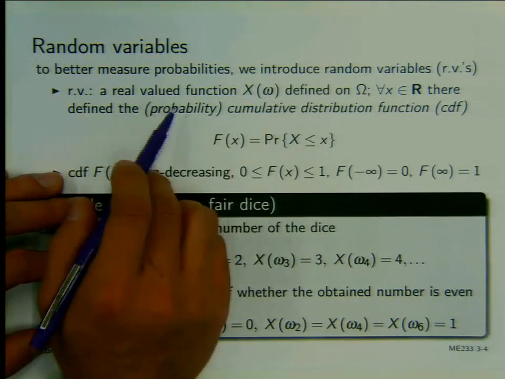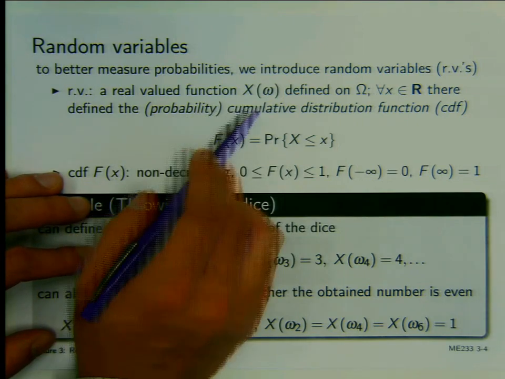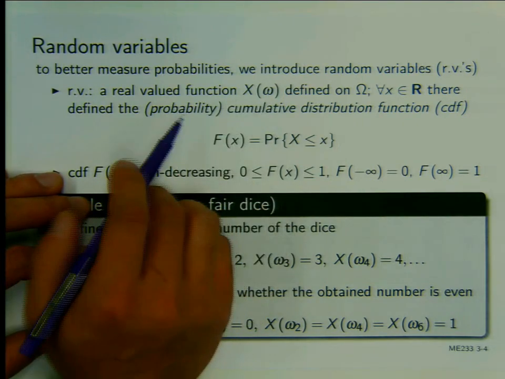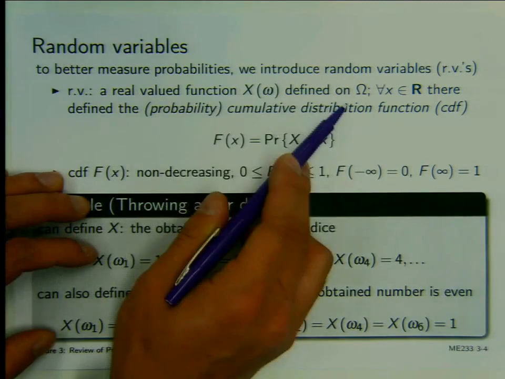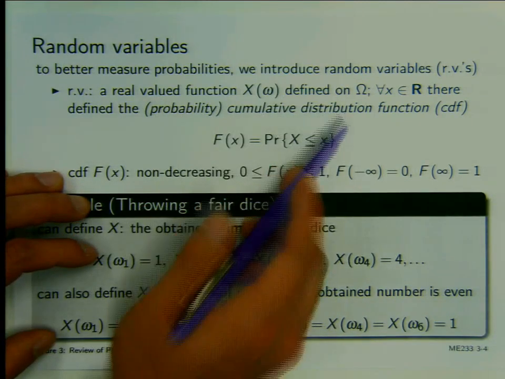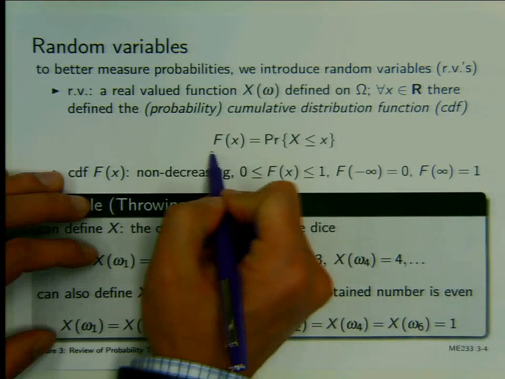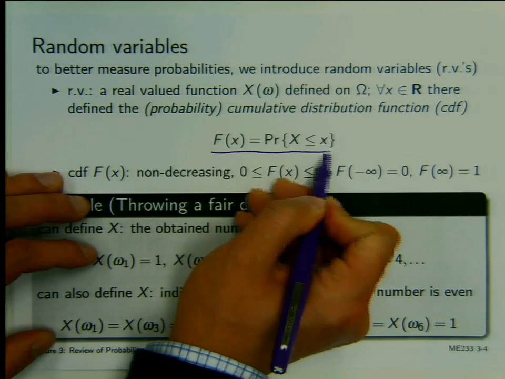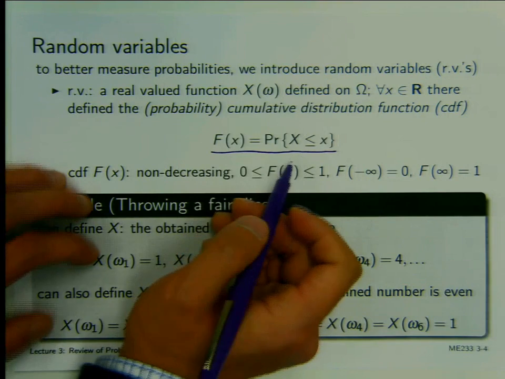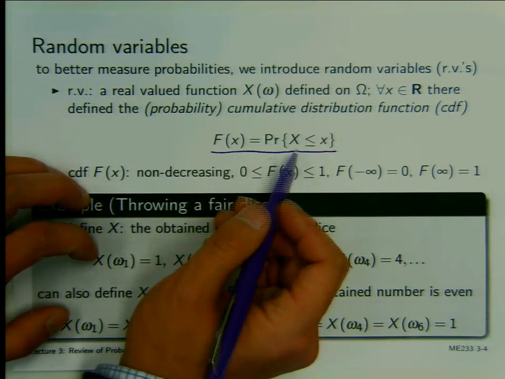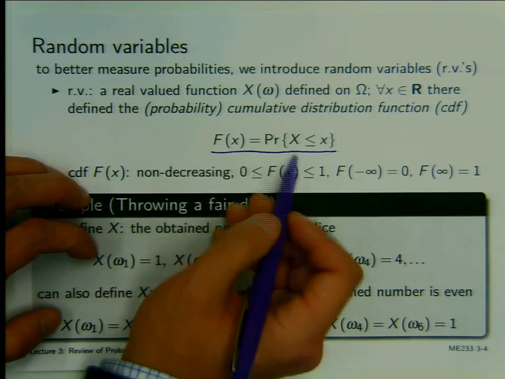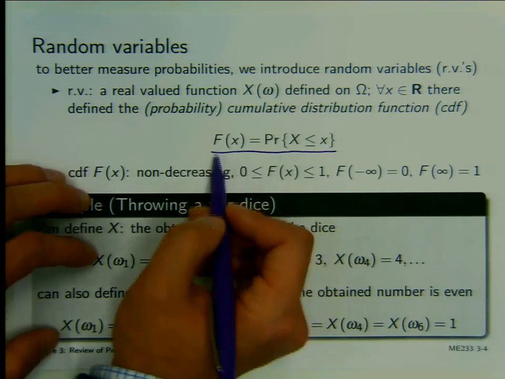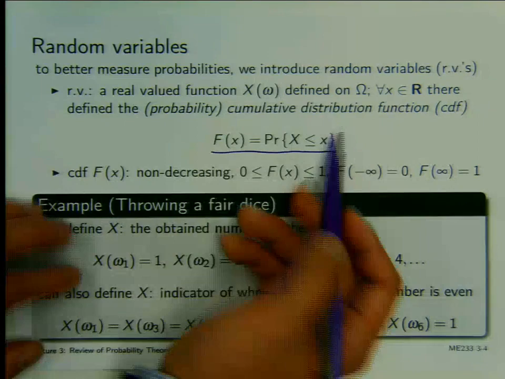It's going to map the different outcomes into some values. It's a real valued function defined on the sample space with this cumulative distribution function. If we can say the random variable is less than something, we give it a mathematical evaluation of this probability. We define this as the CDF, cumulative distribution function.